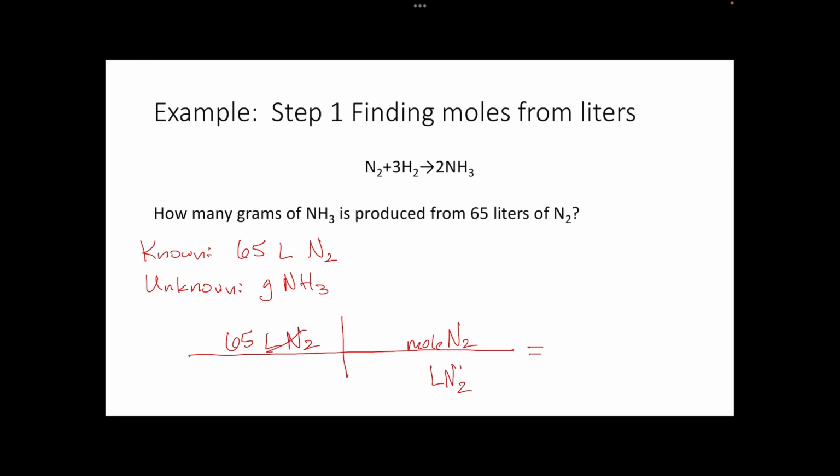Our liters will cancel. Here we can use our relationship that there's 22.4 liters in 1 mole of N2. So we say 65 divided by 22.4, and we end up getting 2.9 moles of N2. So that is step 1 for all 3 cases for this equation.